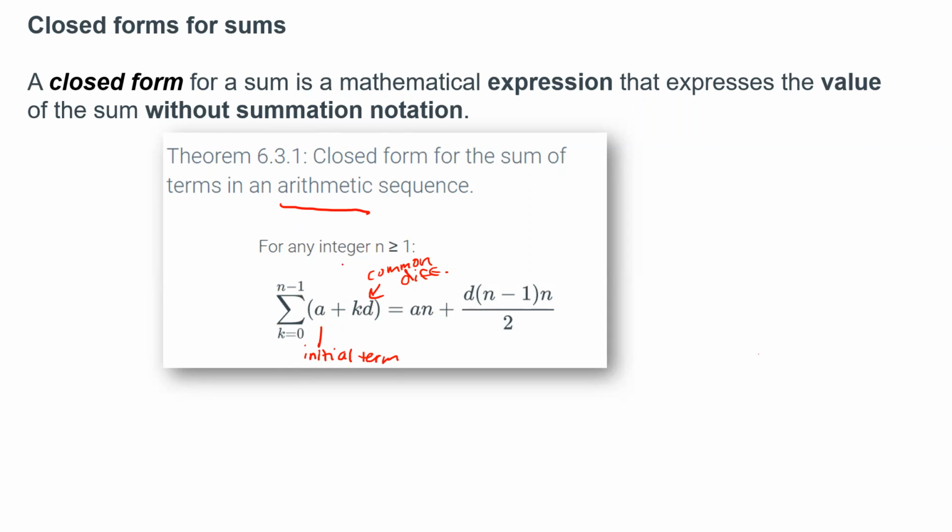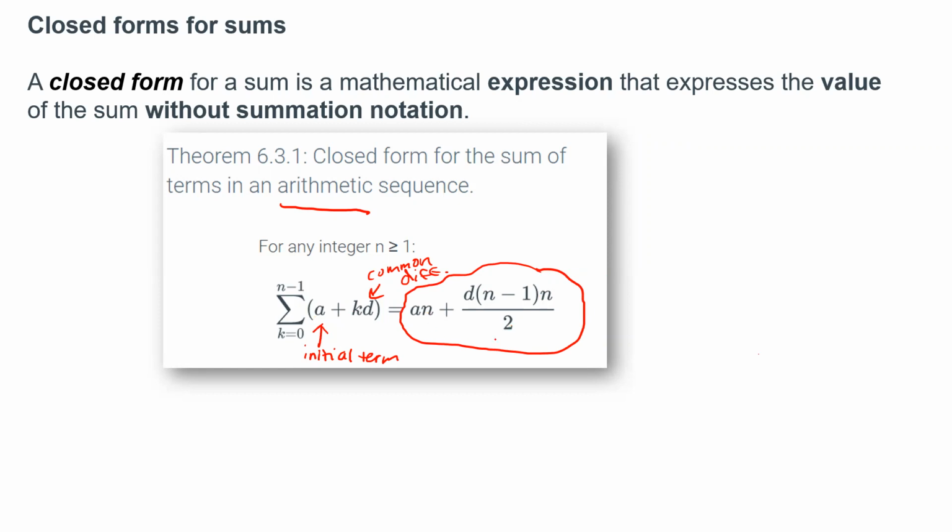This is a theorem that's saying if I have this, then I can actually find that. What if I had like 100 terms? If this was going from K equals 0 up to 99, that would be a lot of terms to figure out. But it's been proven that that entire summation is equal to this thing, which is a closed form. It's just a little formula.